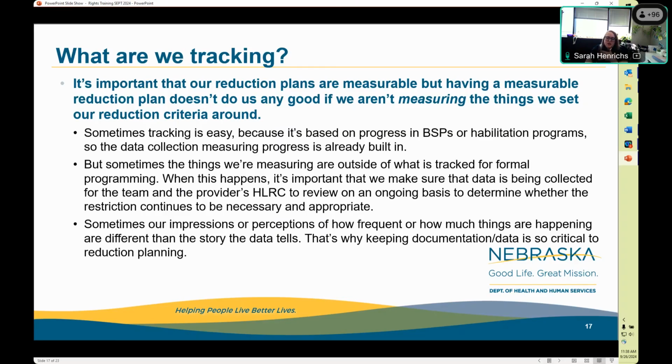And I think sometimes, and I see this happen often, the provider is like, well, they're doing XYZ all the time. When we go to the GERs, when we go to the T-logs, when we go to the behavioral data, it's not as significant as they perceive it. It's not really happening all the time.